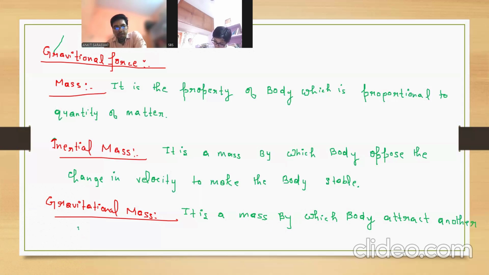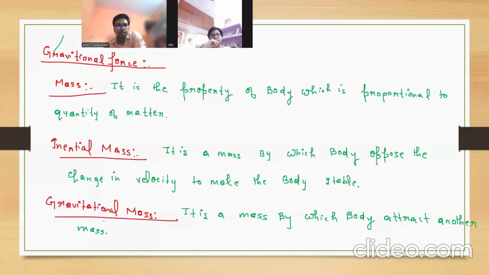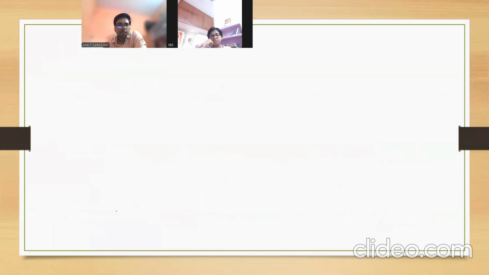So we are having two masses, for example. So gravitational mass is the mass by which one body is going to attract another body. The mass which is responsible for attracting another mass.